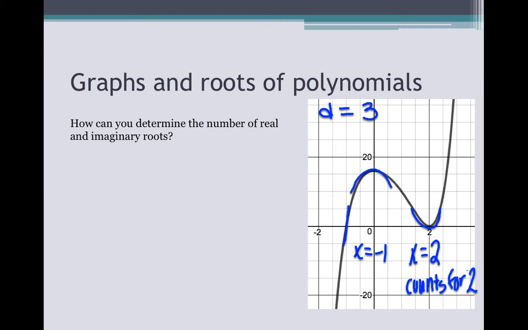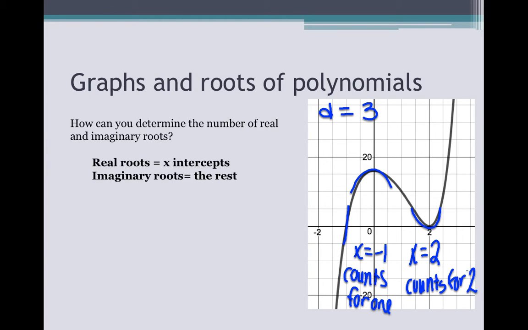It could count for 4, 6, or 8. We're talking about minimum here. This is an even multiplicity. Remember when it does a u and it touches. So I have -1 counting for 1. I have 2 counting for 2 of the roots. So here's 1, 2, 3. Well, that's all of my roots, because remember that the degree of the function equals the number of roots.